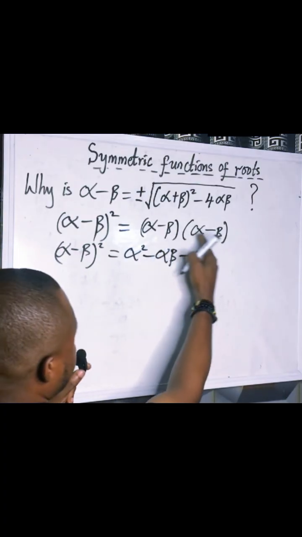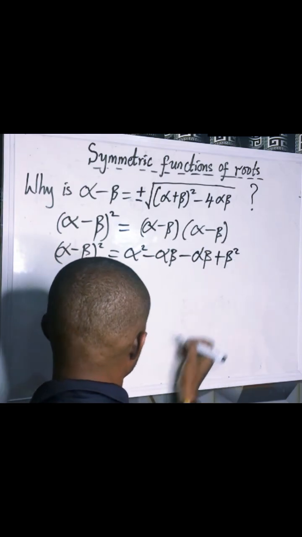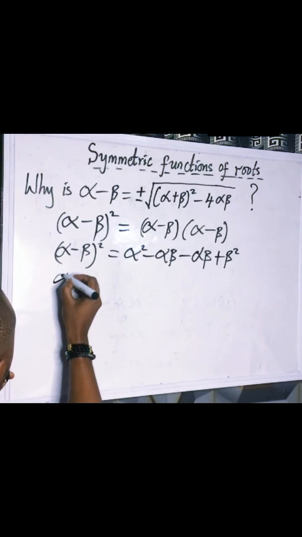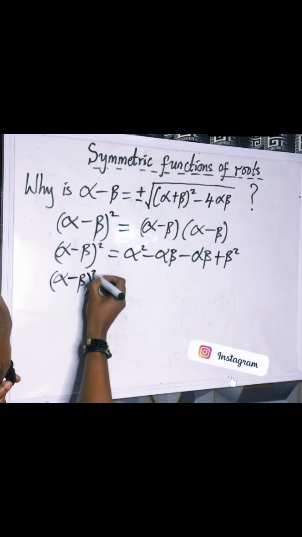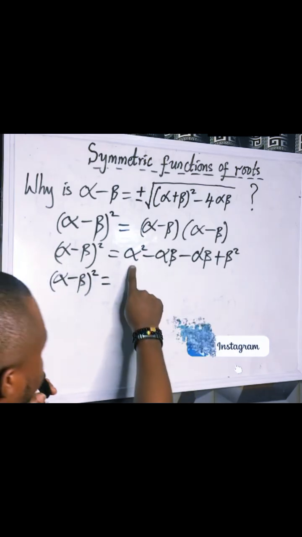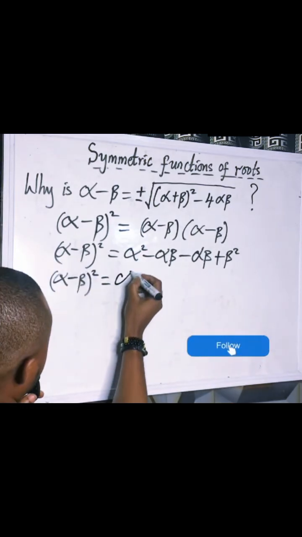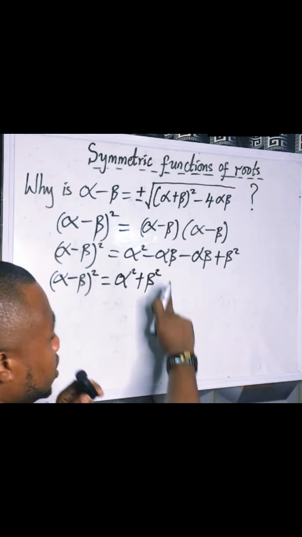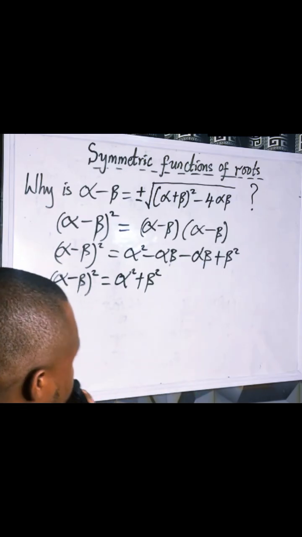Then minus beta times minus beta is positive beta squared. To proceed, we have alpha minus beta, in brackets, being squared. You can have alpha squared plus beta squared, minus 2 alpha beta.